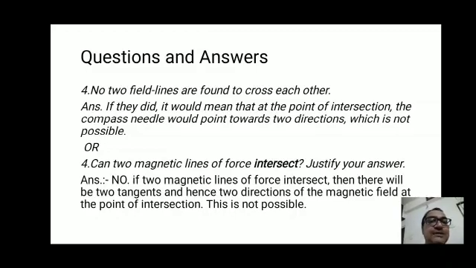The second way: can two magnetic lines of force intersect? Justify your answer. You have to write: No, if two magnetic lines of force intersect, then there will be two tangents and hence two directions of the magnetic field at the point of intersection, and this is not possible. This way you have to explain.